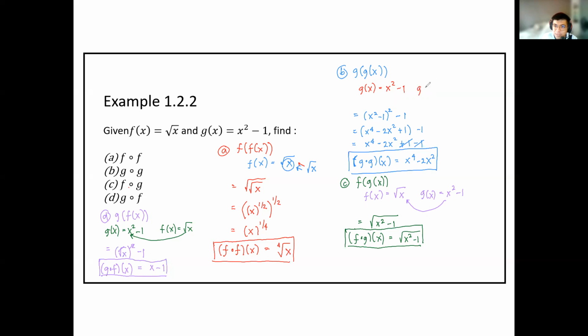Then g of x again is x squared minus 1. And then again, the second term first. So same for the first one, for the same format or presentation of the solution.